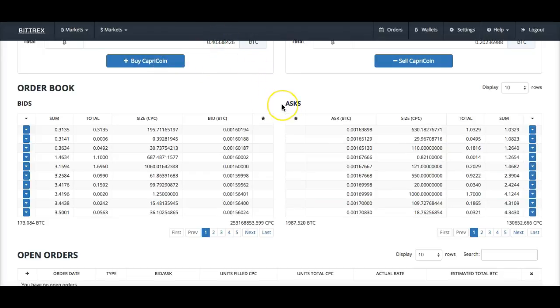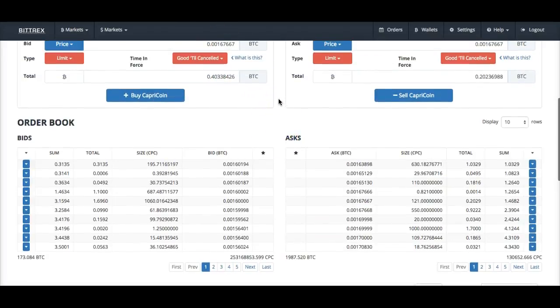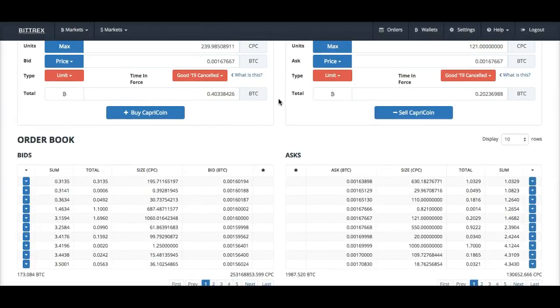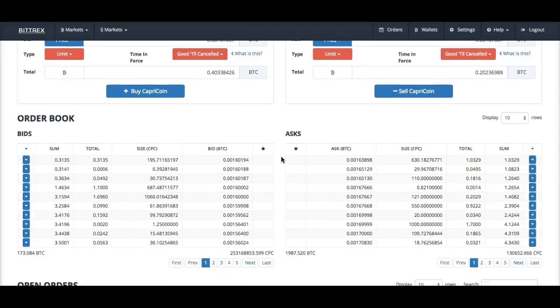Same thing when you're looking to sell your coins. It's just the opposite of what you're doing when you're buying them. You are going to put an ask price in and sell from the ask side rather than going down here and just dumping your coins.